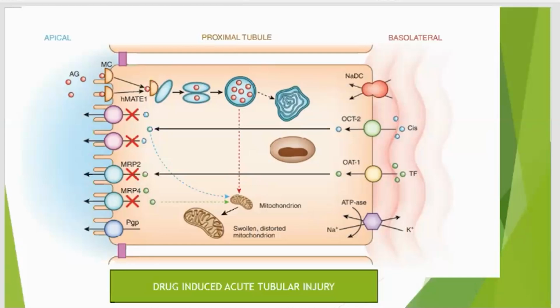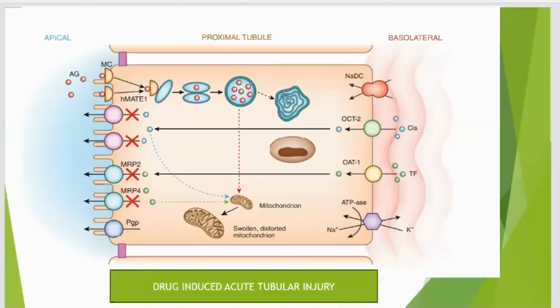But if there are any structural changes or the drug accumulates, it leads to mitochondrial DNA damage, which can cause inhibition of DNA polymerase, leading to structural changes in mitochondria and resulting in apoptosis. Certain drugs like probenecid can block organic anion transporter 1 and thus reduce the cellular uptake of such drugs.